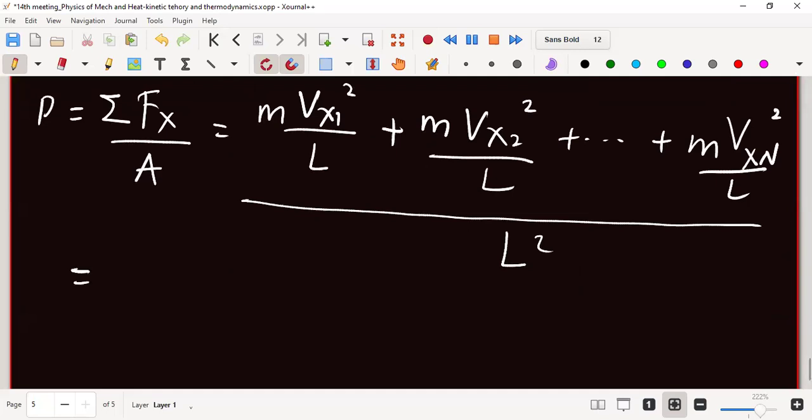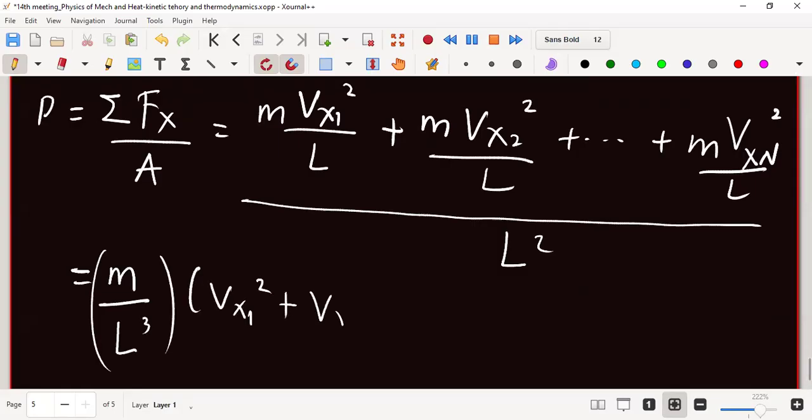So we get m divided by L cubed times Vx1 square plus Vx2 square until Vxn square.